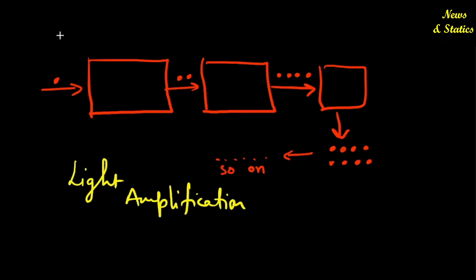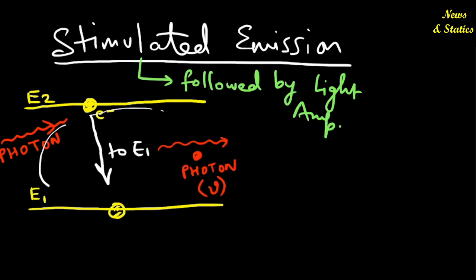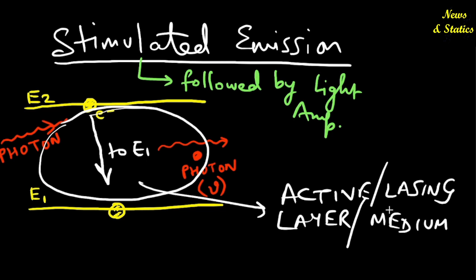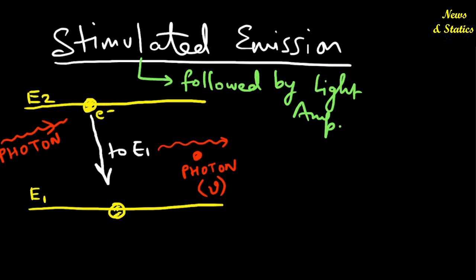This device laser is called light amplification by stimulated emission of radiation. This material is called the active medium or the active layer or the lasing medium. Now there are certain conditions for this entire stimulated emission to happen. First of all, this active medium must be of a desired material.